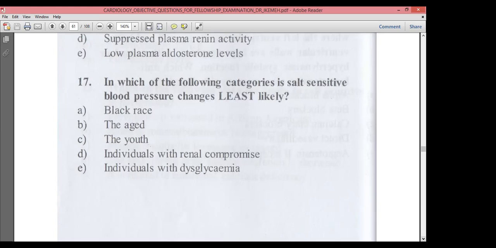But black people, aged people, people with renal compromise, and dysglycemic patients, in those populations salt-sensitive hypertension tends to be more prevalent as compared to young people. So for this one, the option is C. Any comments?